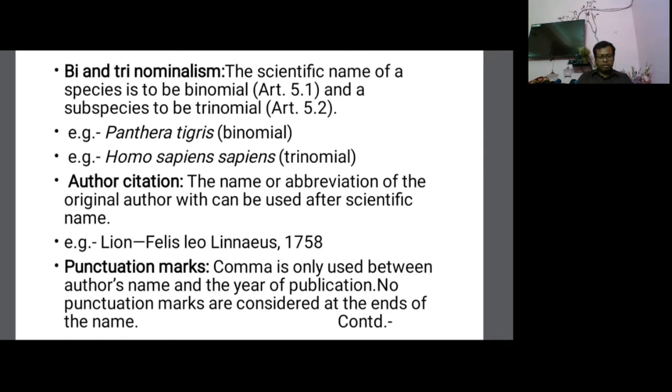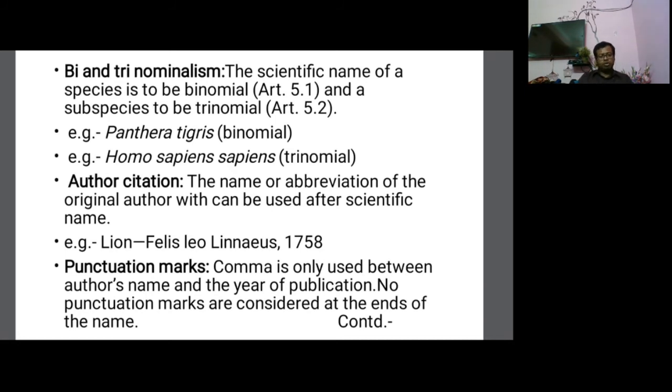Therefore, we write all this information in this way: Felis leo, that is the scientific name, followed by Linnaeus, that is the author's name, then a comma. After the comma, you write the year of actual publication. Okay, this is author citation.